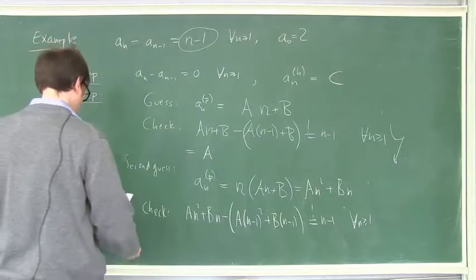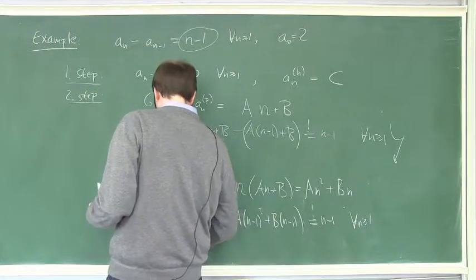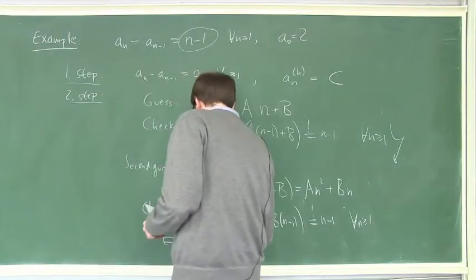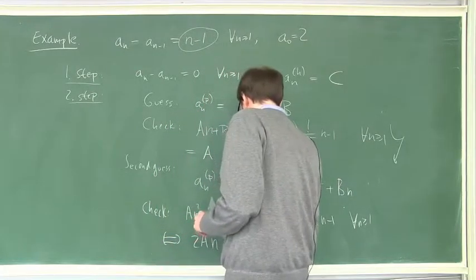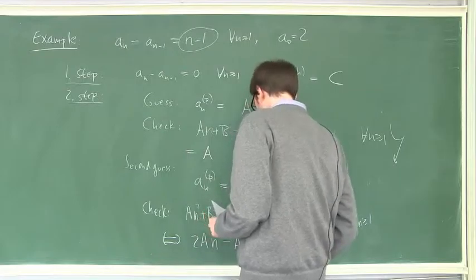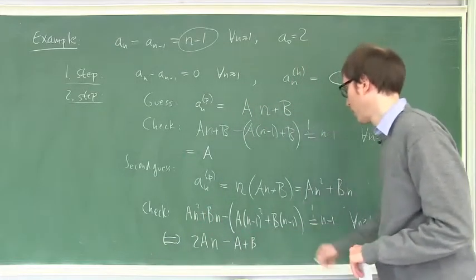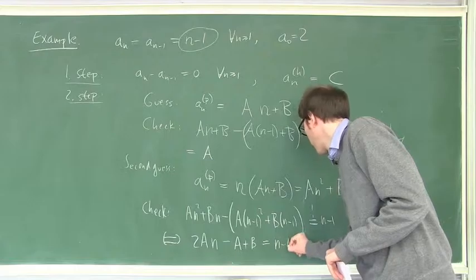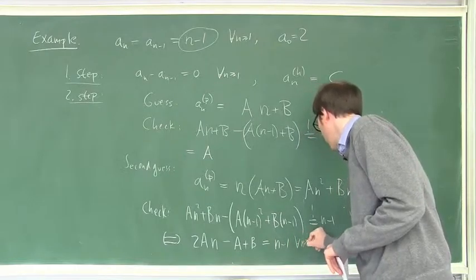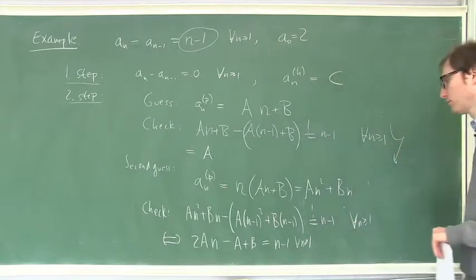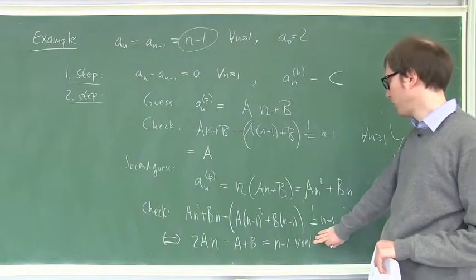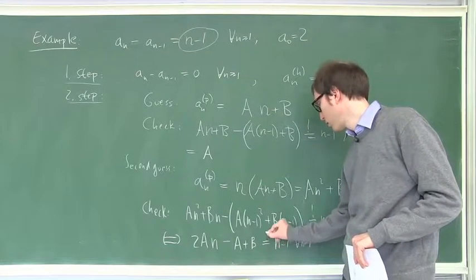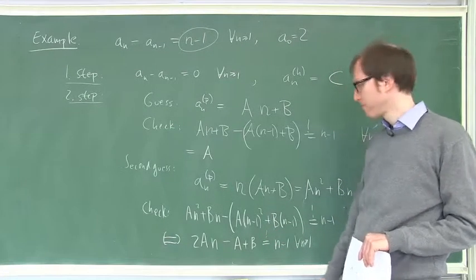And so let's simplify the left side. So on the left side, this should be equal to n minus 1. And so what do we see? We get 2an minus a plus b equal to n minus 1 for all n greater than 1. That's the condition you want to have.